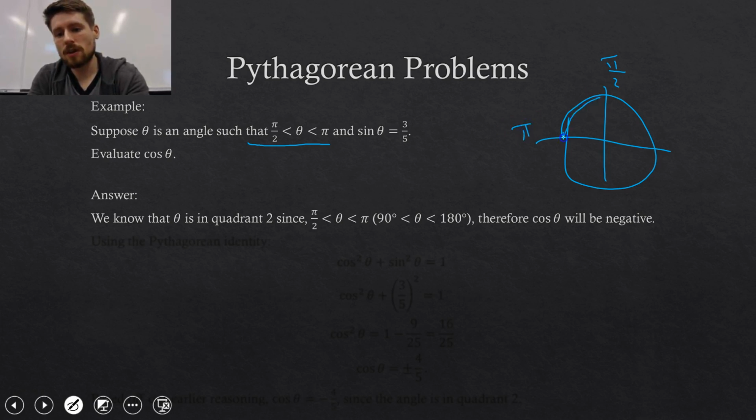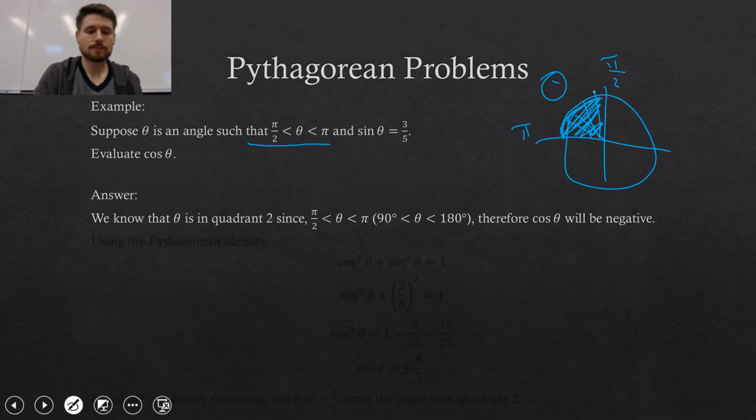Somewhere over here is where my angle is, in this second quadrant. So I already know that cosine of theta is negative. Because this is in the second quadrant, where the x's are negative, the cosine of this angle is going to be negative as well. That's something to keep in mind. We'll see where that pops up in the answer a little bit later.